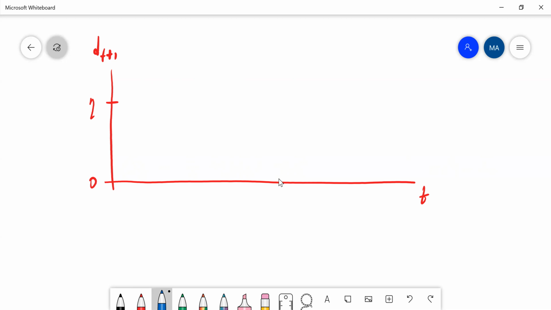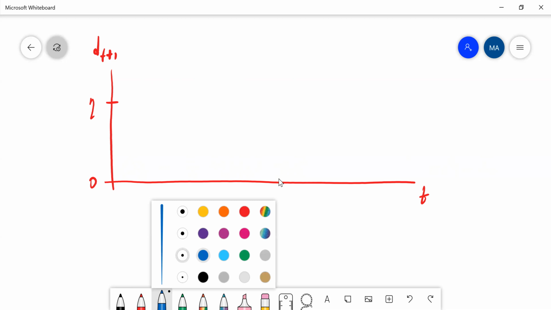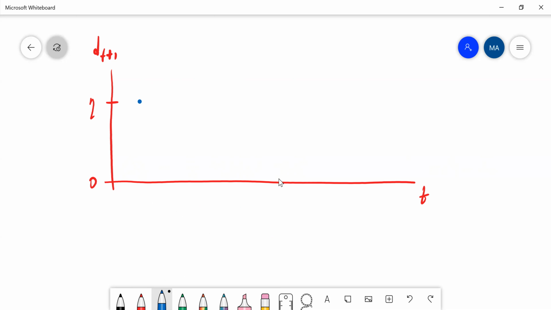So let's say in some periods, it will be equal to eta. In some periods, it will be equal to 0. Okay? But this choice will be, of course, optimal. All right?